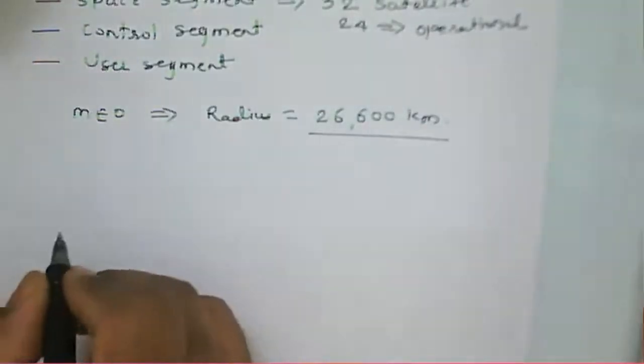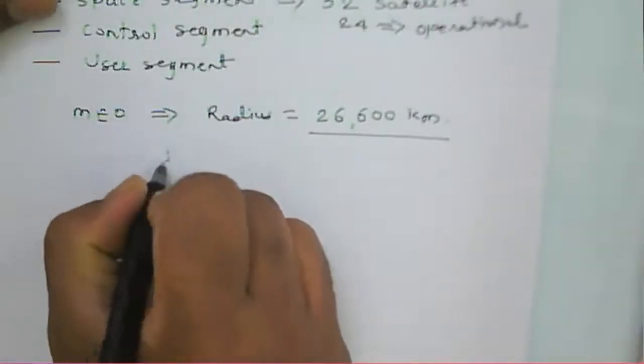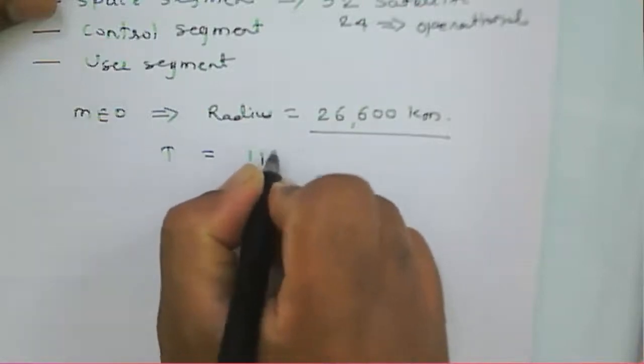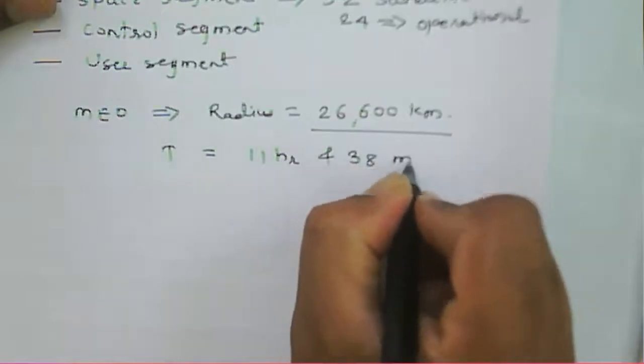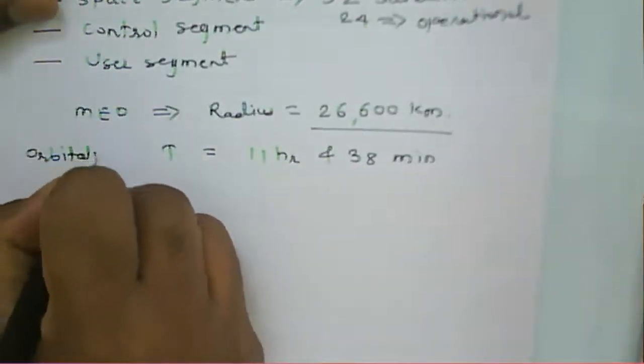That is the radius. They have an orbital period T of about 11 hours and 38 minutes. This is the orbital period.